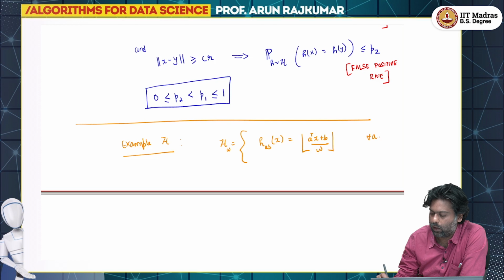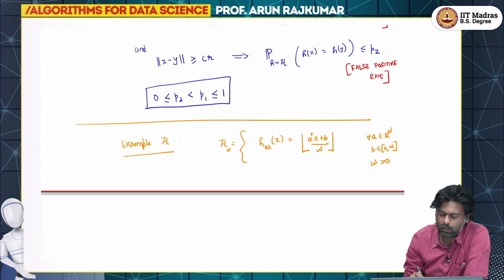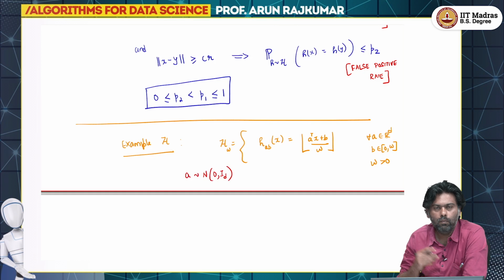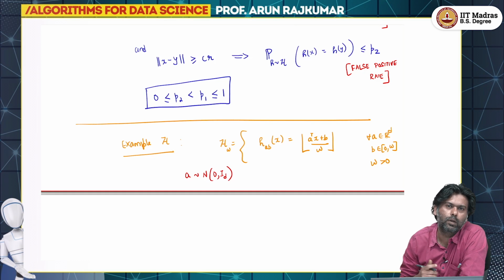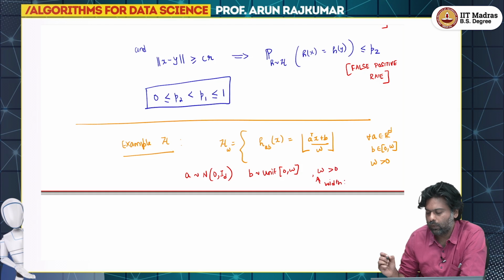So this is for all A in R^D, where x I'm assuming is in high dimension, D dimension, B is between 0 and W, W is some positive quantity. That defines the family. Here of course the randomization was like this. A was a Gaussian vector, standard multivariate normal distributed variable, and B is uniform on 0 to W, and W itself is what we called the width parameter.